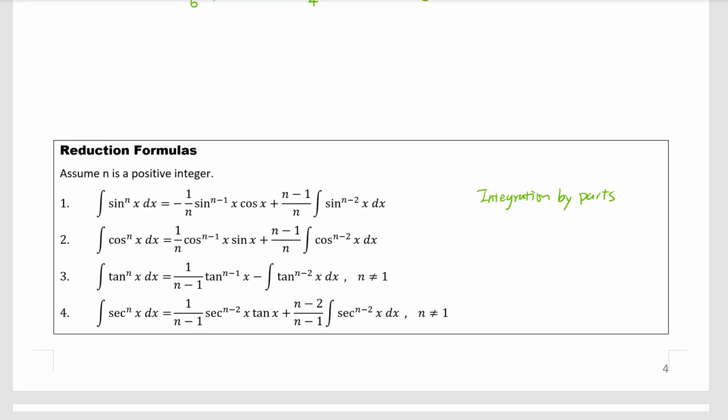For example, here you're gonna split one of the factors, so sine to the n minus 1 of x and sine of x dx. You let this be u and you let this be dv. And then the integral of dv, so v is gonna be negative cosine. By the integration by parts formula, then you can get this. All right. Okay, so next.